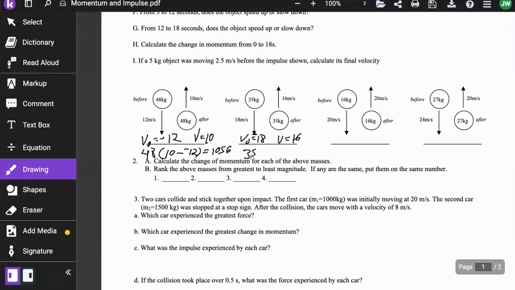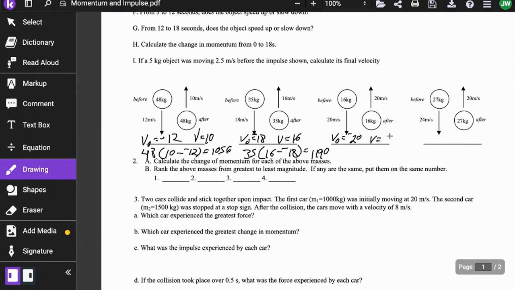With a mass of 35, we have 35 times 16 minus negative 18 because it's final minus initial. So you're subtracting a negative number. We get 1,190.